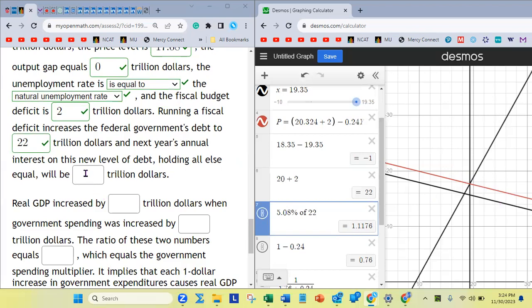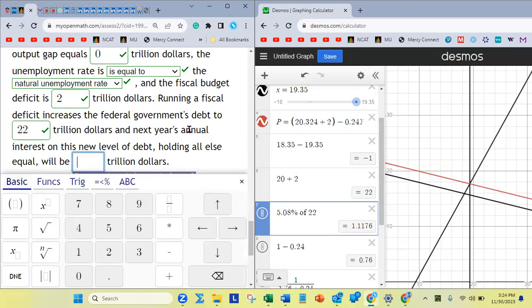And so the interest payment on $22 trillion at 5.08%, holding all else equal, will be 1.118 to 3 decimal places.